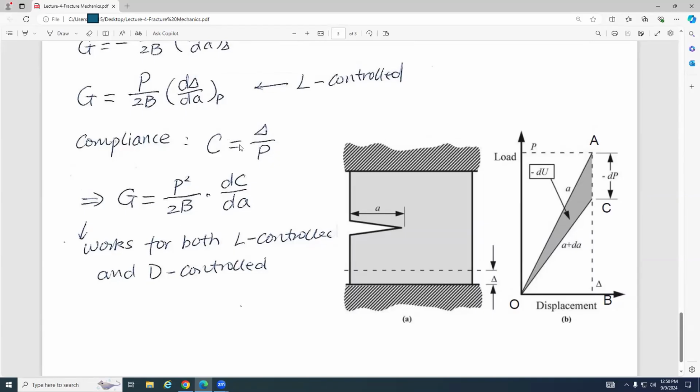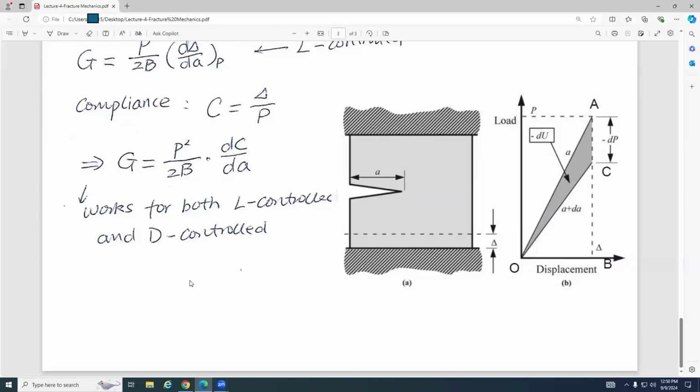Using this, we can write G in terms of P squared over 2B times dC/dA. So this equation works for both load control and displacement control. Questions? Move on.